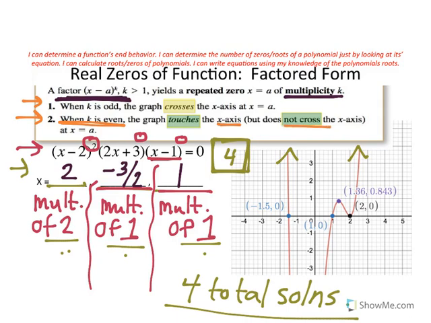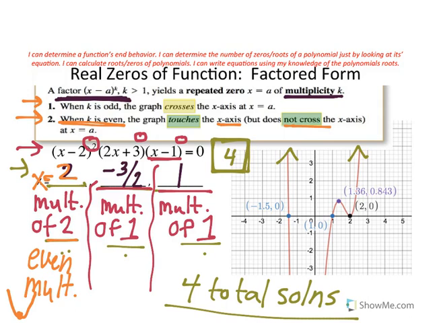So this is a great example for us to see. The solution x equals 2 has a multiplicity of 2. That is an even multiplicity. So that means that on the graph, my graph is going to hit x equals 2, but it's not going to cross through it. It's going to bounce off of it.